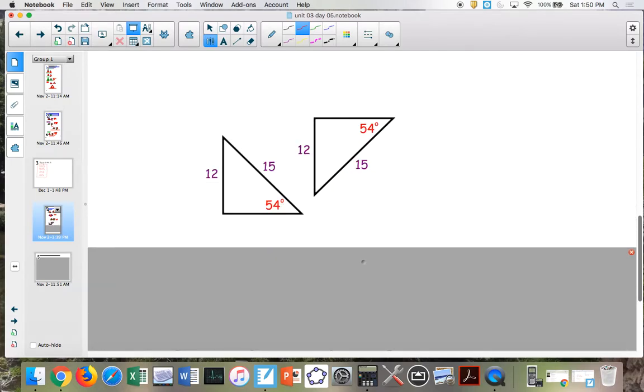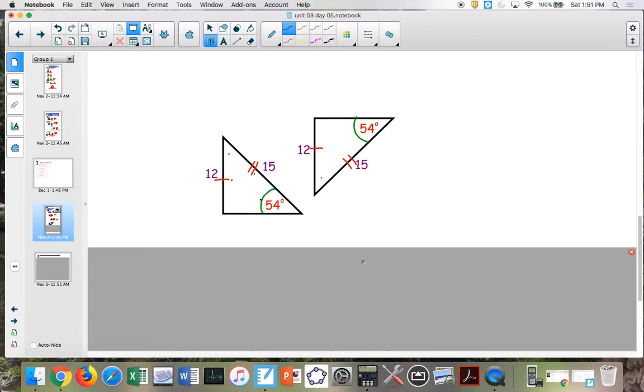Let's do one more. How about this picture? What do we have? Well, we have that side matches with that side. We don't have this angle here, but we do know these two sides match. And then we have an angle. So depending on which order you do this, you can think of it as we have an angle, and then we have a side, and then we have a side.